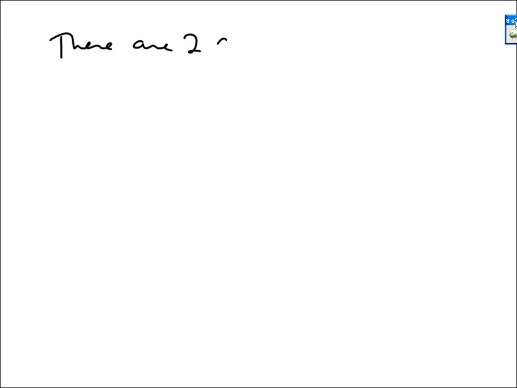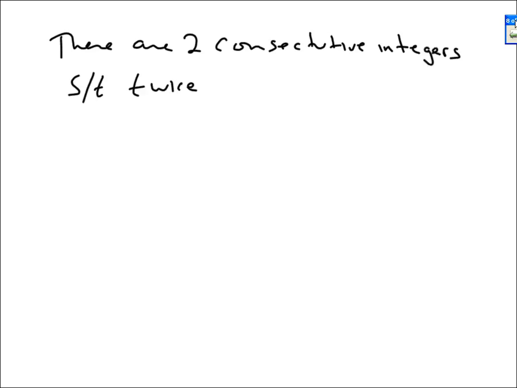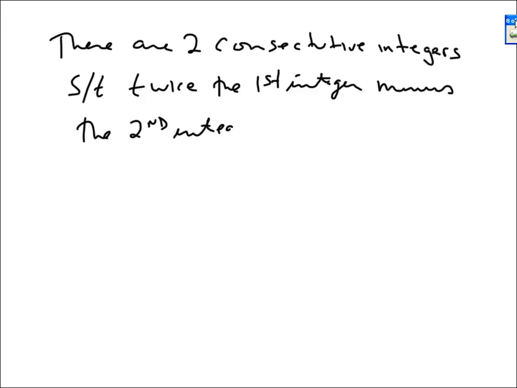There are 2 consecutive integers such that twice the first integer minus the second integer is 8.